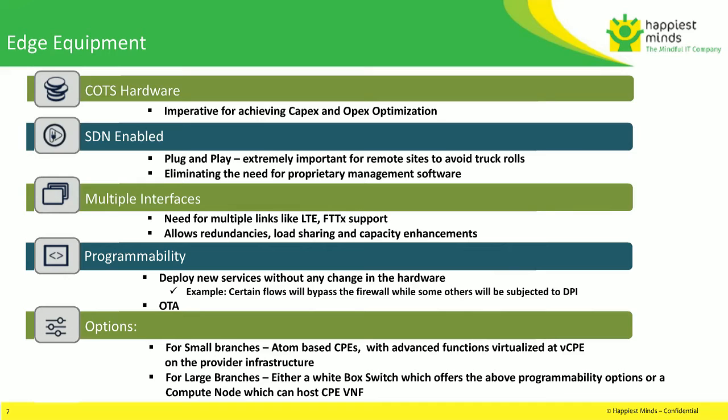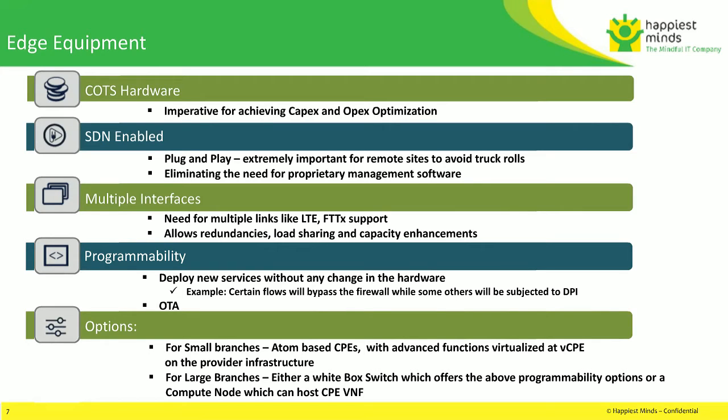Programmability is one of the other key features for the edge equipment because that allows the service provider to deploy new services without making any change in the hardware. So there could be firewall bypass or deep packet inspection and these kinds of services which can be dynamically deployed on the edge equipment.